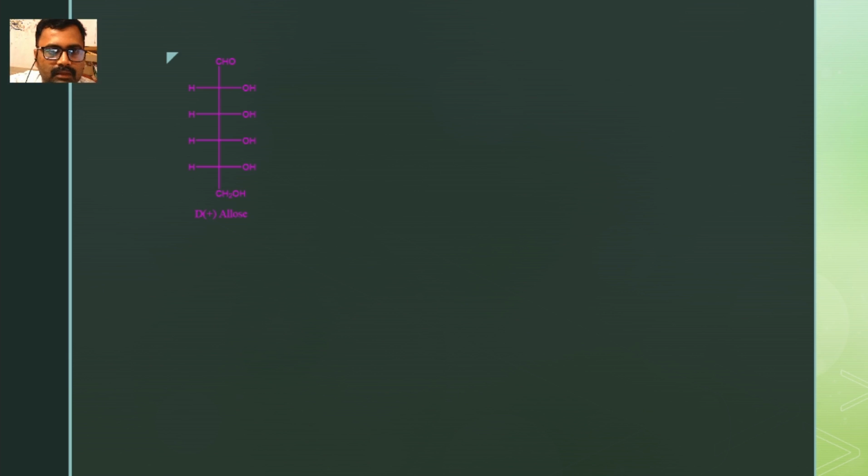So if we give the numbers, this is carbon number 1, this is carbon number 2, this is carbon number 3, 4, 5 and 6. Out of which carbon atoms 2, 3, 4, 5 are chiral carbon atoms, therefore 16 structures are possible.